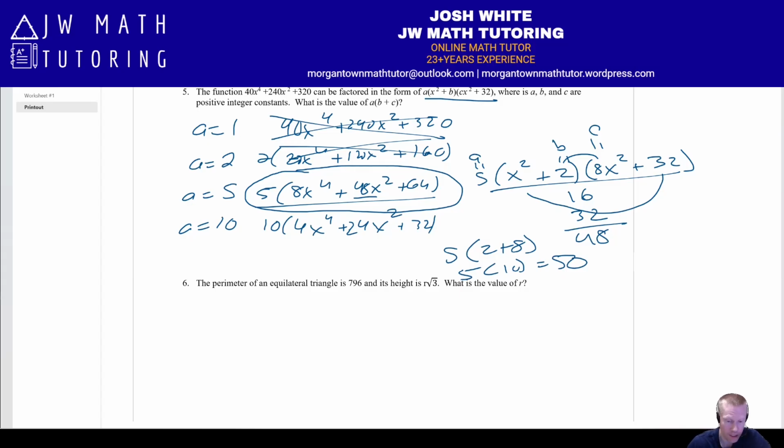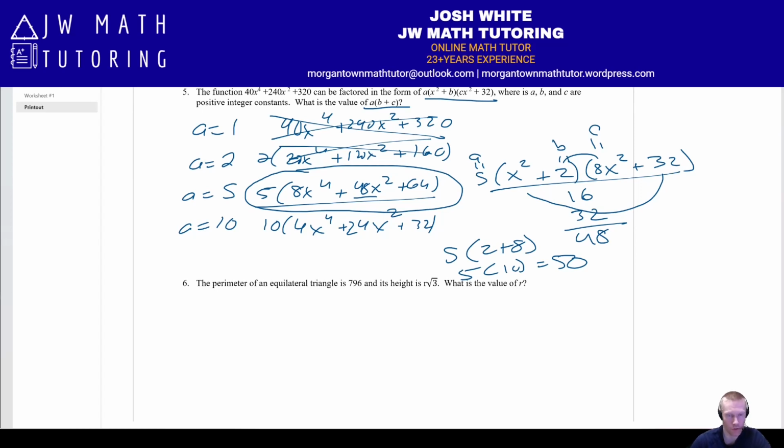Now, the thing that is actually interesting or unusual about this is that even with the other possibilities for a, I believe if you try to factor them, even though it's not correct, the a, b, and c values are different, but this expression still ends up equaling 50.